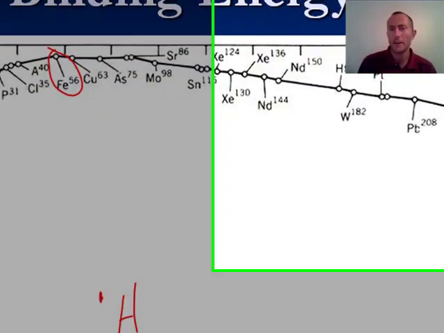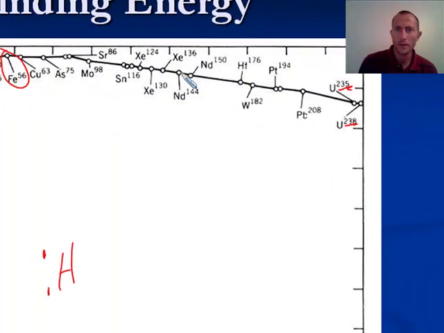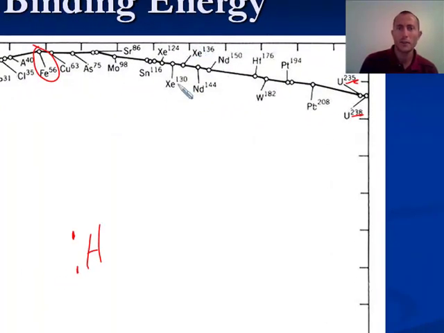And then we come down over here, and on the far right we have our plutonium and our uranium, and you can see it shows the different isotopes of each as well. The binding energy for uranium-238 is slightly lower than the binding energy for uranium-235. We have some other isotopes here as well.